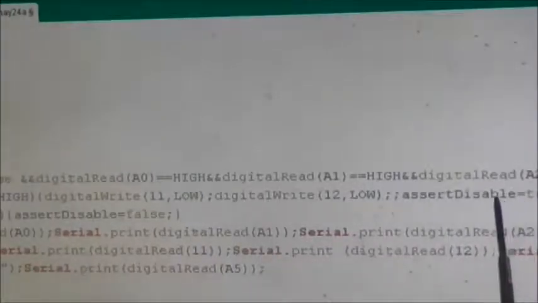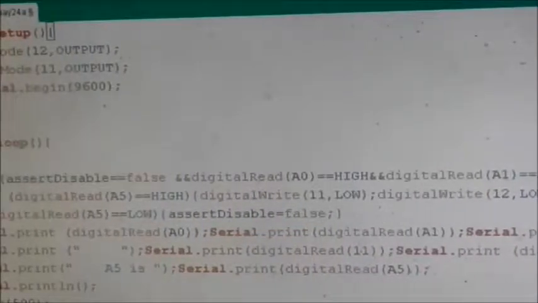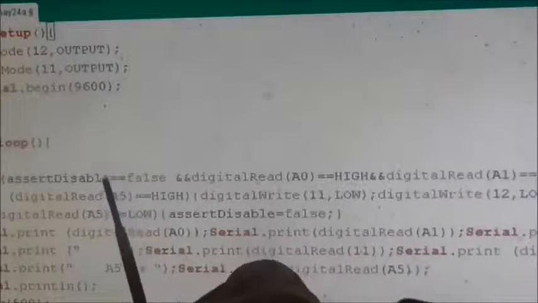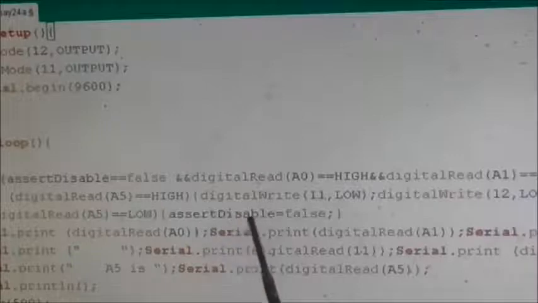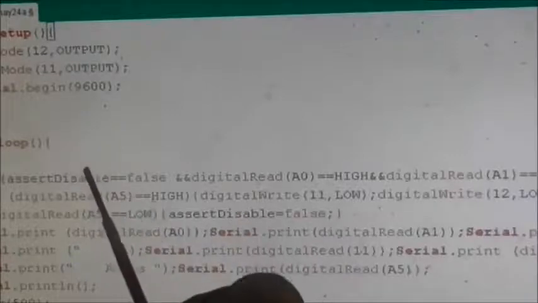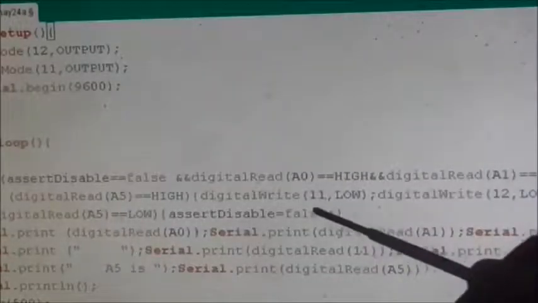Switch everything off and make the Boolean variable assert disable true. If the Boolean variable assert disable is true, this can't happen, of course. So we've got a software input as well as our physical hardware inputs. And then as soon as A5 goes low again, we want assert disable to be false so that we can make this happen again.